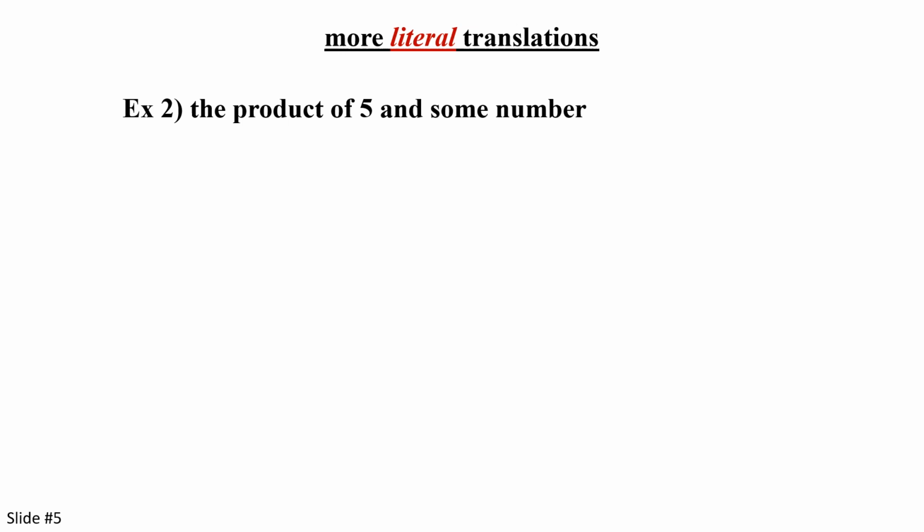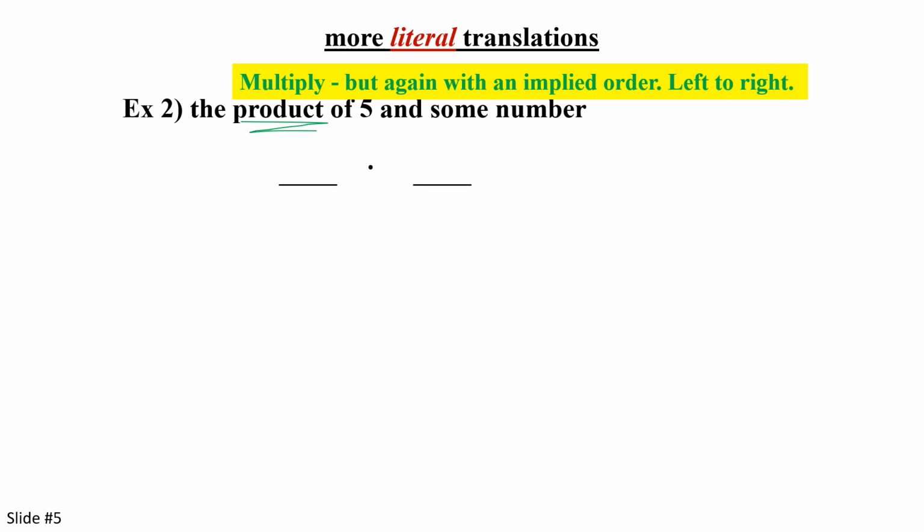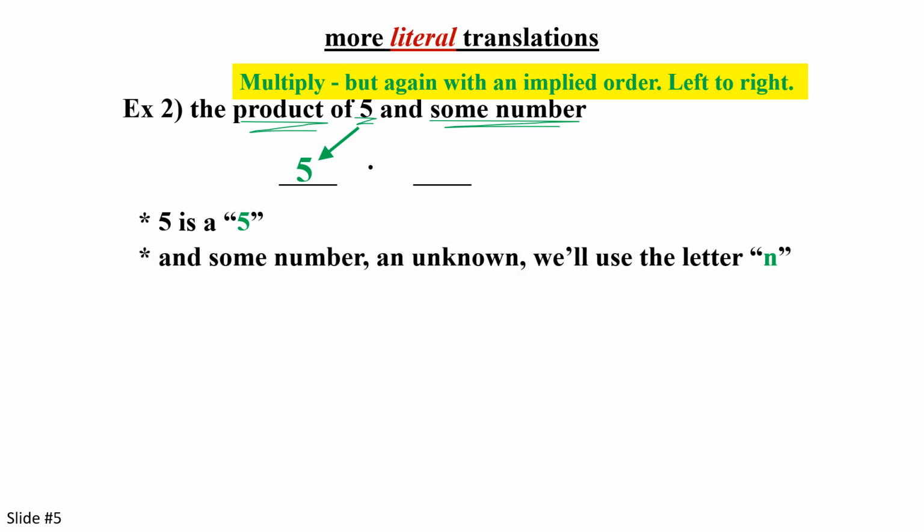The product of 5 and some number. Product means to multiply, but we begin with an implied order left to right. 5, well, that's 5. It's just a number, 5. Some number, there's our unknown quantity. We'll use the letter N. Again, you can use any letter you want.